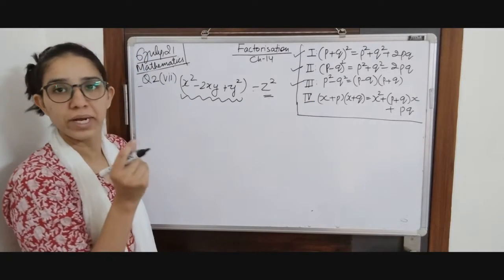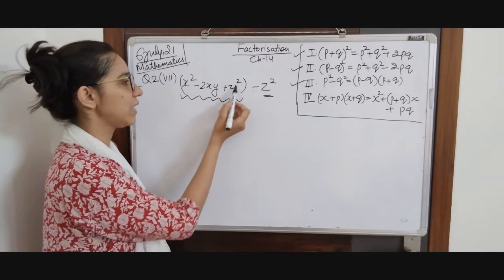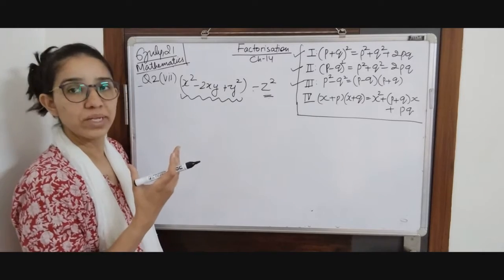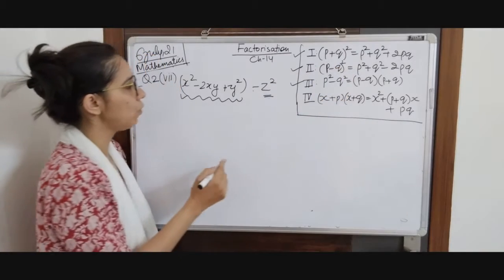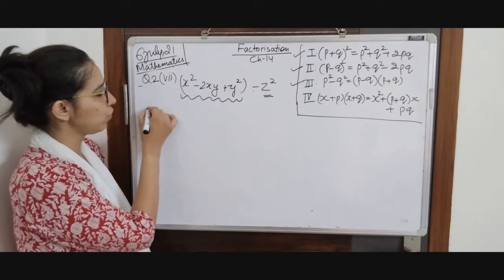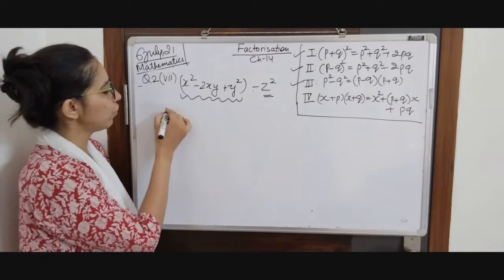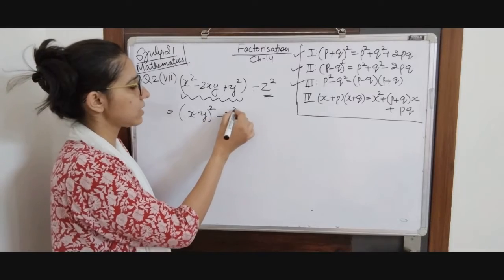So we will do a little simplification. You see that x square plus y square minus 2xy is itself an identity, which is equal to (x minus y) whole square. So this will be equal to (x minus y) whole square minus z square.